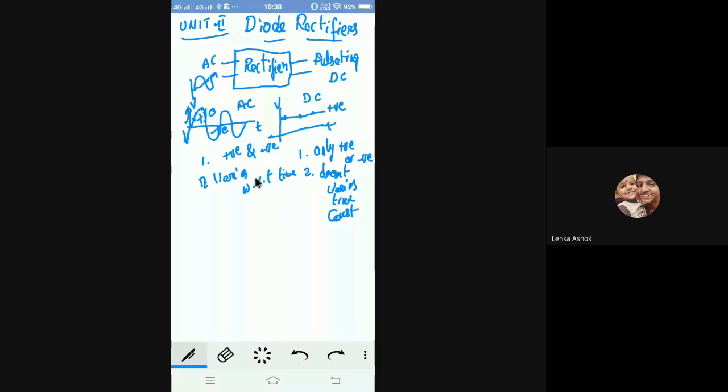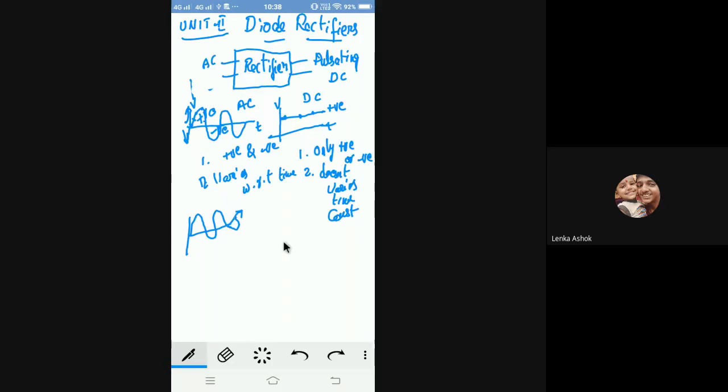I will draw it. So let us consider it is my input for rectifier. It is an AC signal.